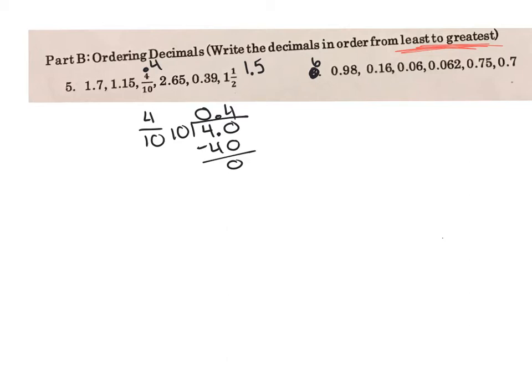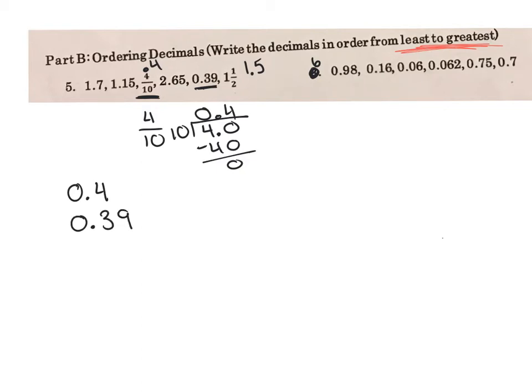What I suggest doing is looking at the whole numbers first. So I'm looking for the smallest, if there's any without a whole number. This one does not have a whole number, and neither does this one. So you have 0.4 compared to 0.39.